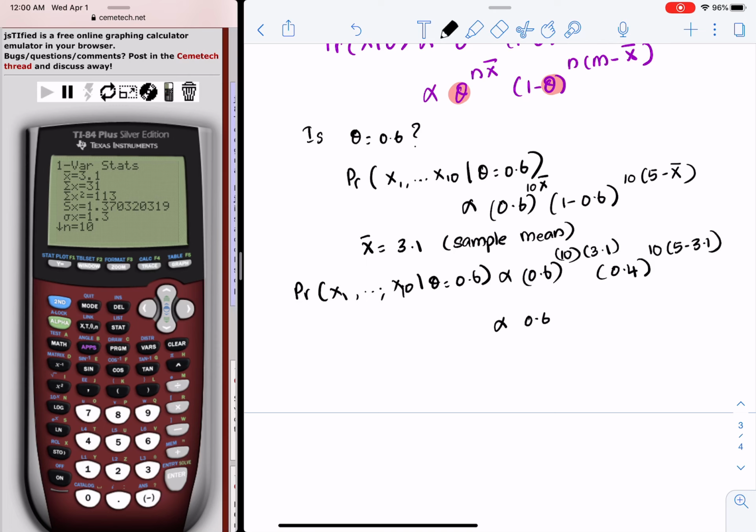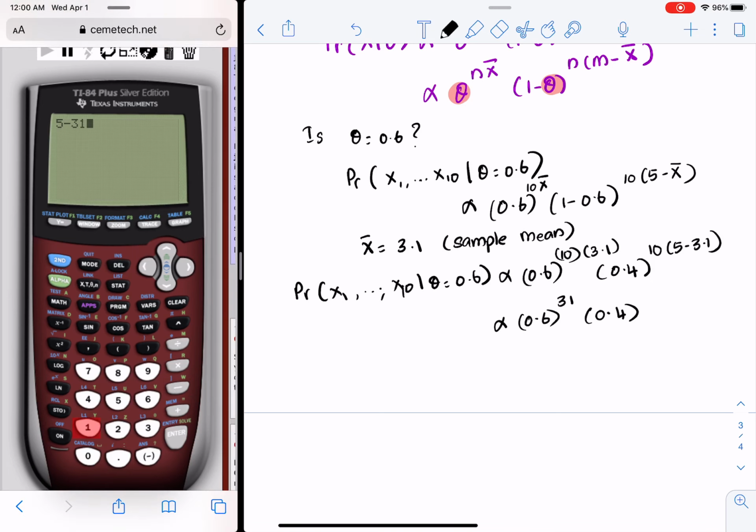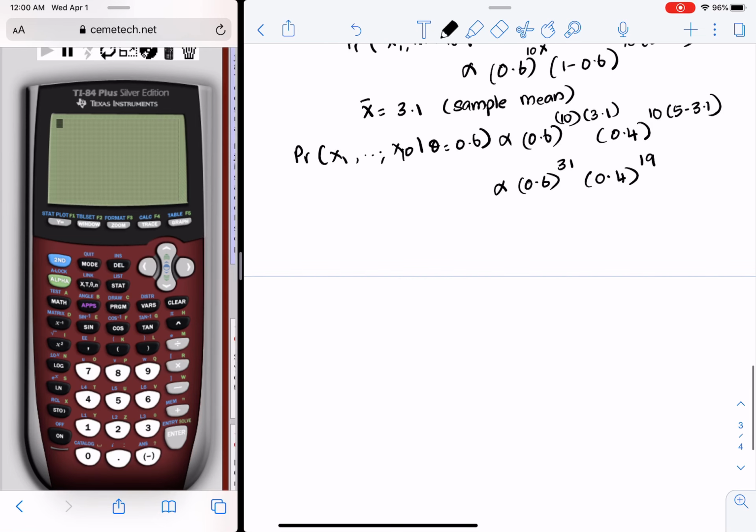That is 0.6 raised to 31 times 0.4 raised to 5 minus 3.1, which is 1.9, so we'll just put it as 19. So let's evaluate this.